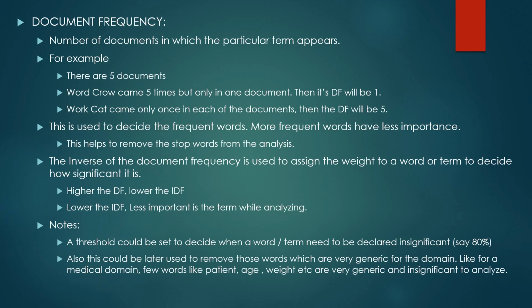First we understood how a particular term can be significant or insignificant in a particular document. That is term frequency. And now, among the different documents, what terms are appearing defines the document frequency.